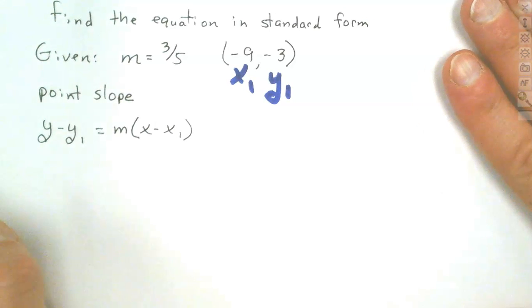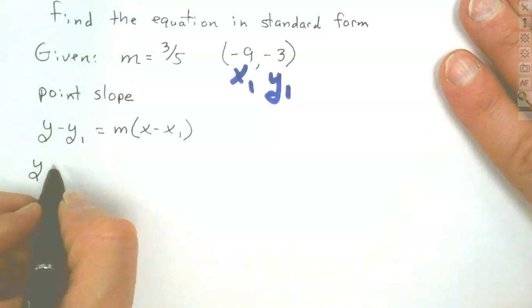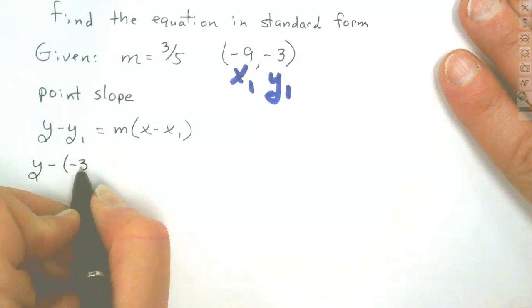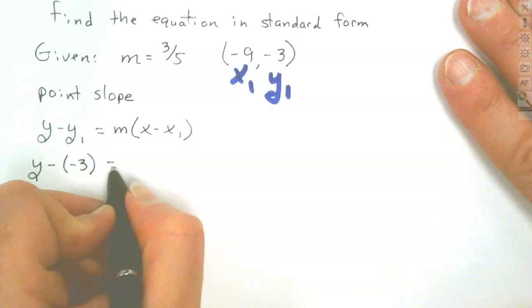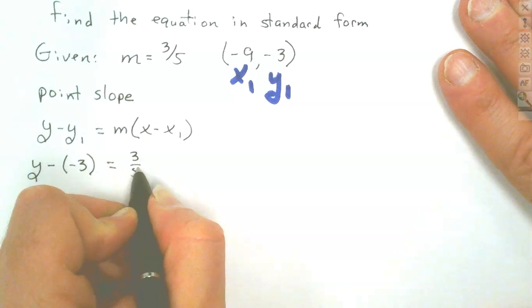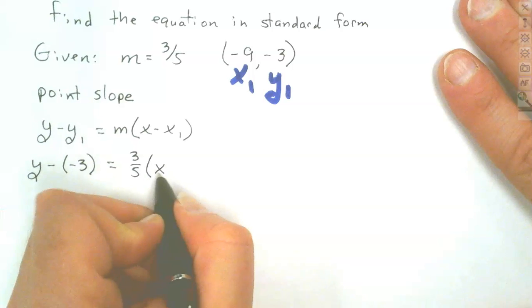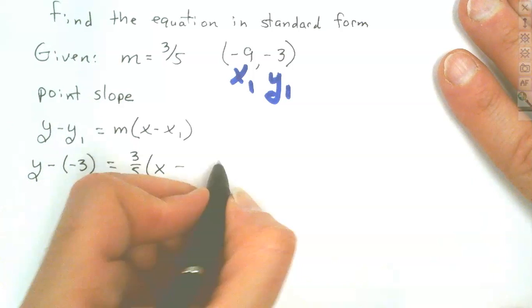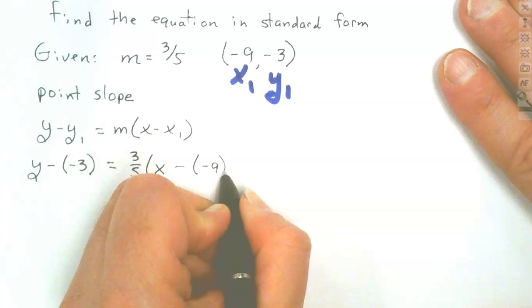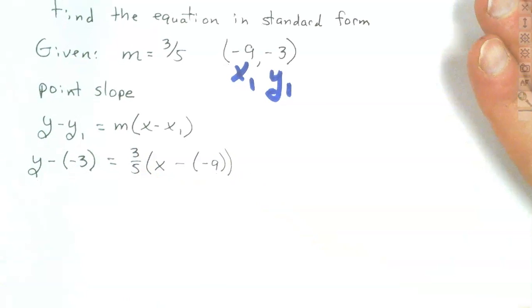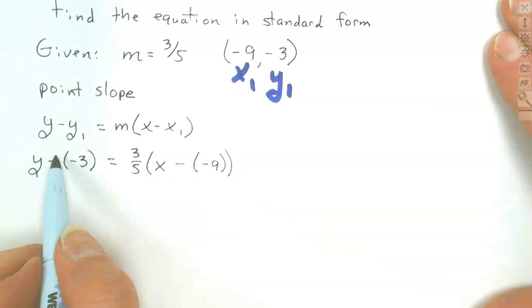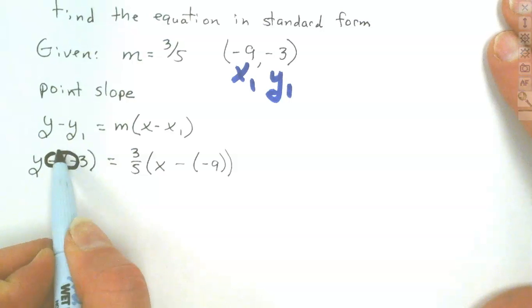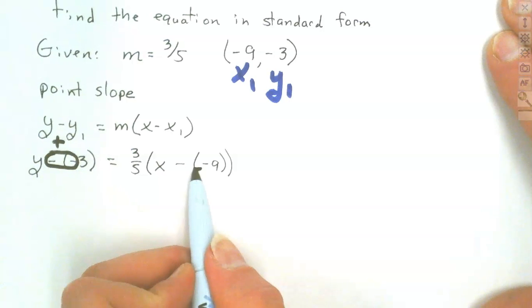Plug our values in. Watch out for double negatives. So we have y minus a minus 3 equals 3/5 times x minus a minus 9. Those double negatives are going to make that positive here and over here as well.